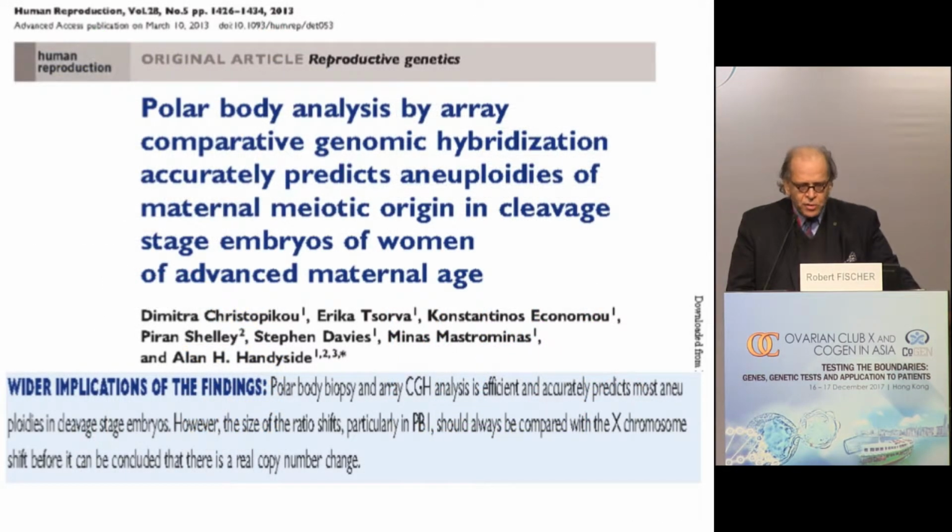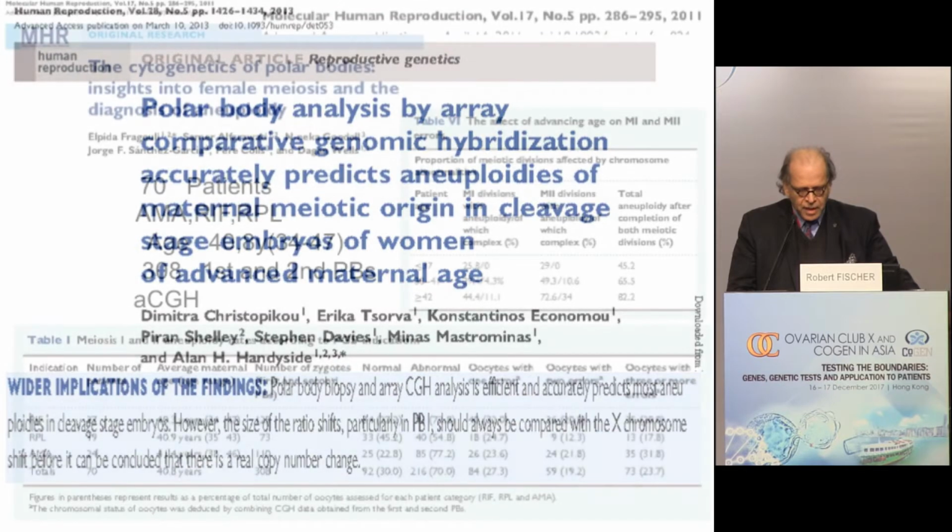Handyside and his group showed, by using array CGH and doing a polar body analysis, they could verify that the same aneuploidy or the same mistake was seen also later on in the embryo that was analyzed at the blastocyst stage.